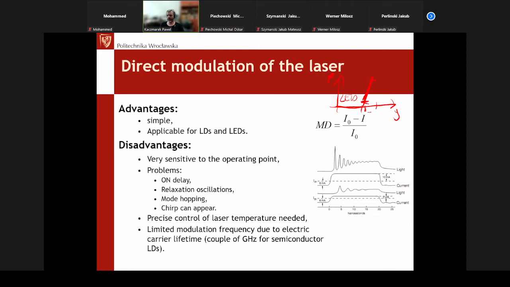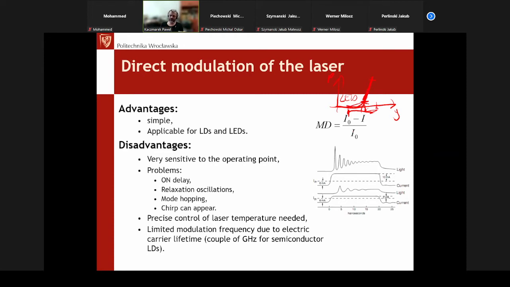So to simply modulate the power of the laser, we are modulating the current of the laser, but all of it needs to be done above the threshold. If we start to modulate below the threshold current and above, we will have quite a big penalty for a delay connected with turning on the laser radiation and then switching it off.